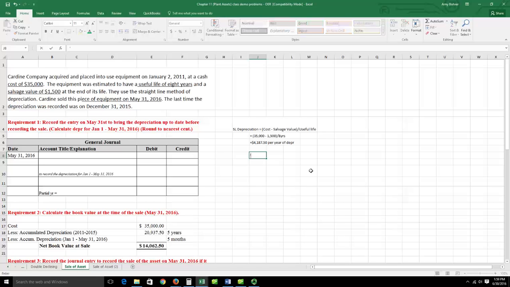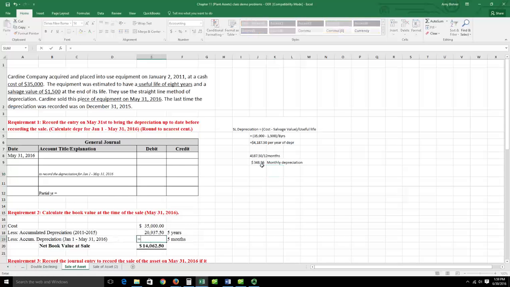I'm going to take the $4,187.50 and divide it by 12 months, because that's how many months there are in a year, to come up with my monthly depreciation of $348.96. So how much more depreciation do I have to record for those 5 months that I owned it, January 1 through May 31st?